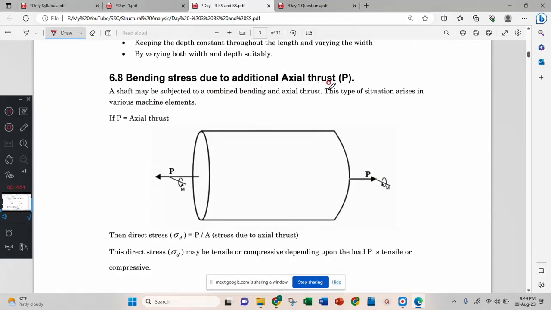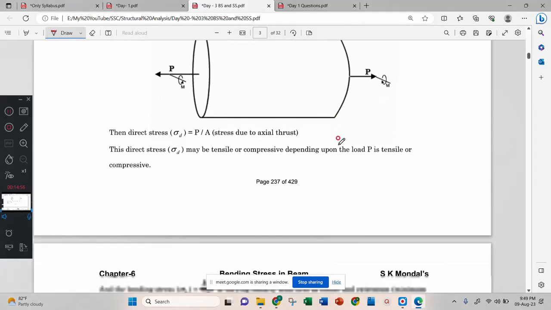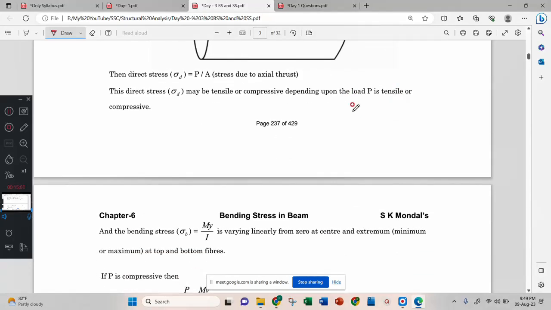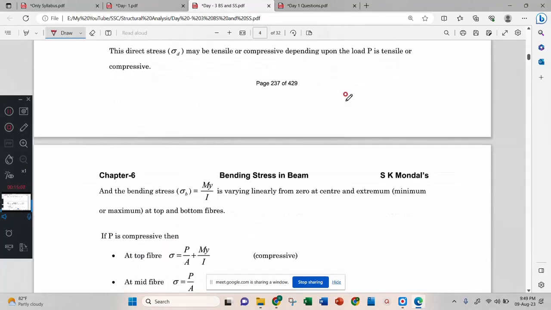Bending stress due to axial thrust. Axial thrust, see, this is a member. Now I am applying this force. When I apply this force, will it bend? No, it will not bend. Then I apply either a bending moment or a transverse load.